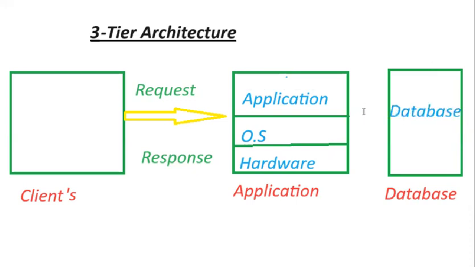Now you can tell me, is it safe to provide my application layer as public? No, right? It is not safe. If I provide my application layer as public, then what does it lead to?